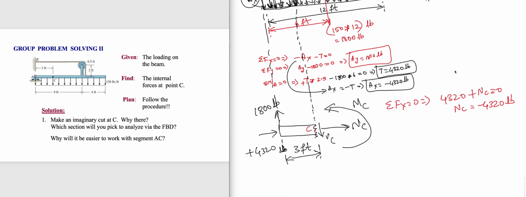So we have to draw the distributed load. How much is this? 150 pounds per foot, and it is acting all along this 3 feet, isn't it? So this is 150 pounds per foot acting on this 3 feet.